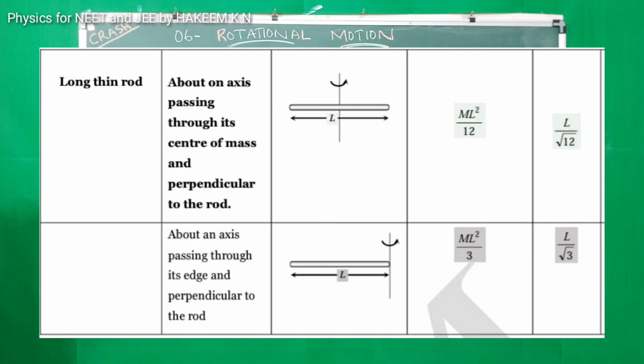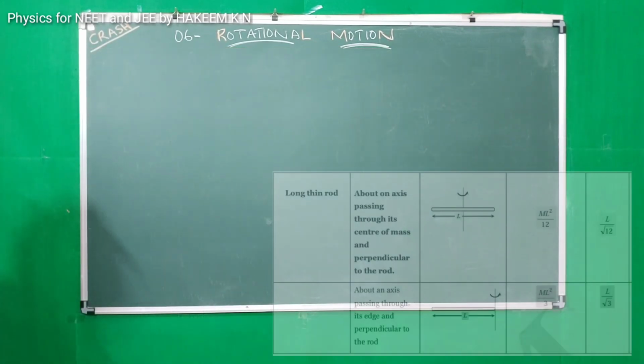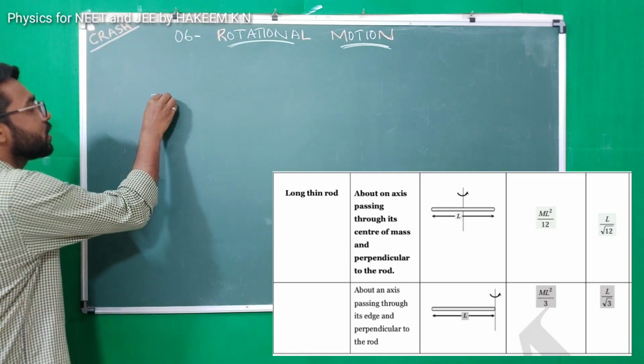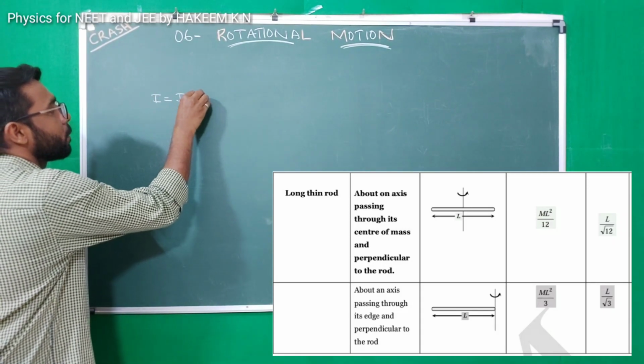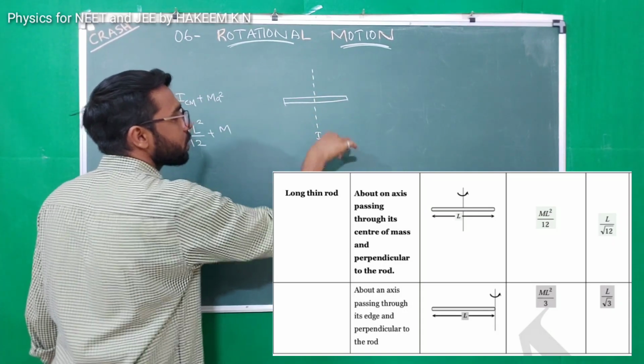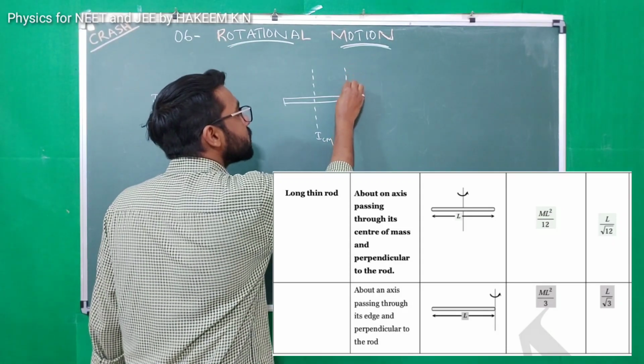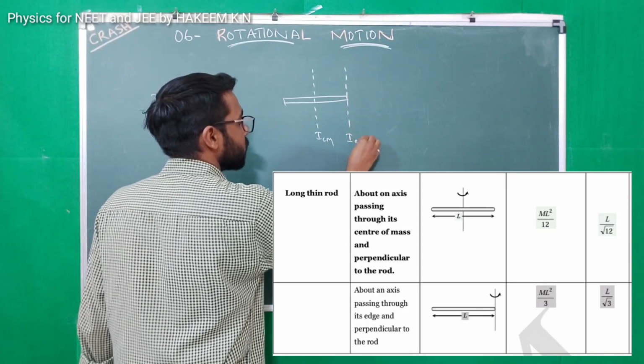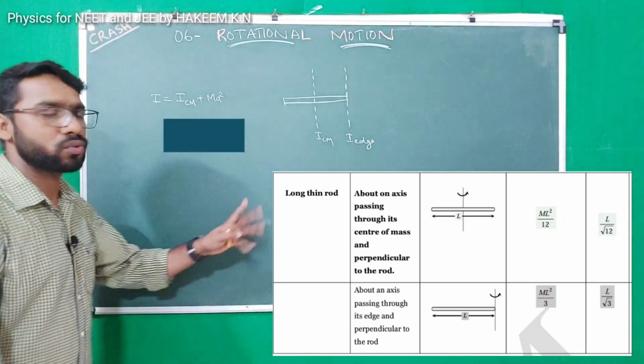And you can see the long thin rod. For a long thin rod, the moment of inertia about an axis passing through its center and perpendicular to the rod is Ml square by 12, and about an axis passing through its edge and perpendicular to the rod is Ml square by 3. It is also found using the parallel axis theorem, I CM plus Ma square. This is I CM, and this is the axis through the edge.